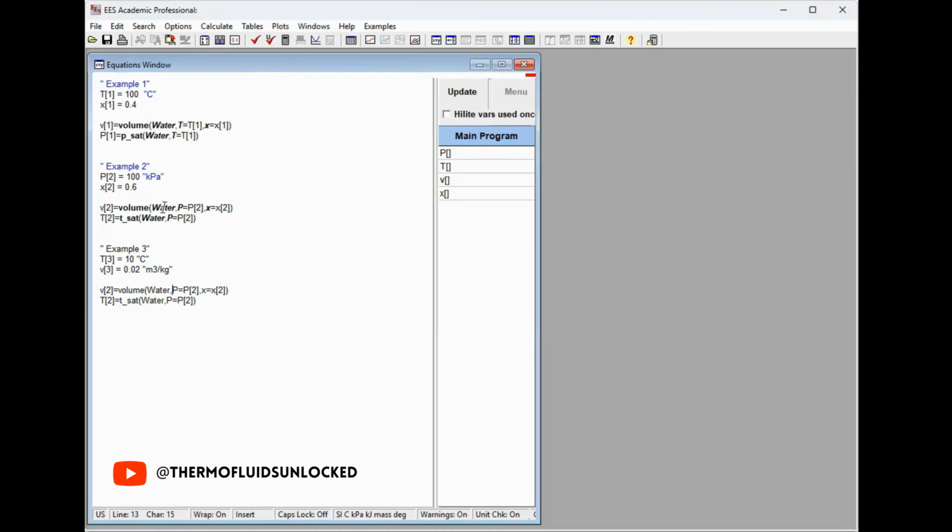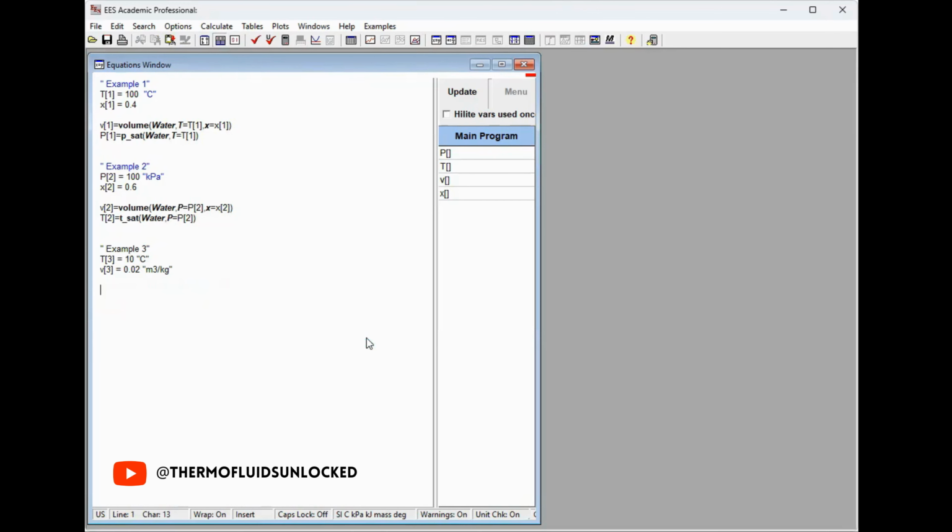So what's needed is T and X. So here it is mentioned that it is saturated R134A. So what they want from us is first the pressure.